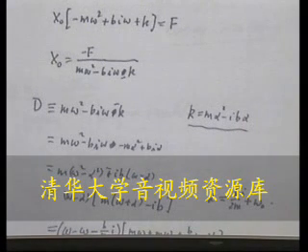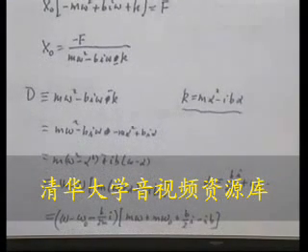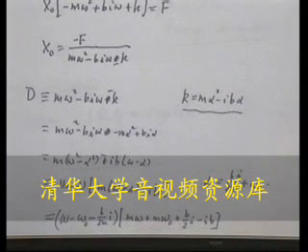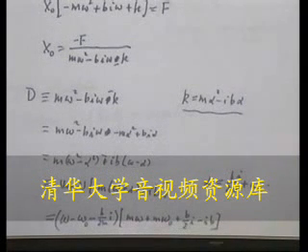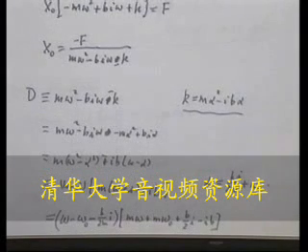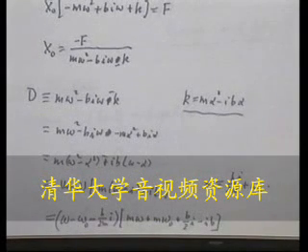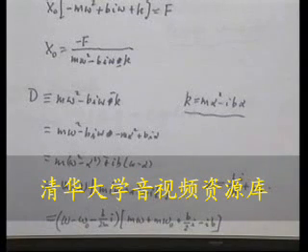Right. Which is equal to omega minus omega 0 minus b over 2m i, times m omega plus omega 0 minus i b over 2.